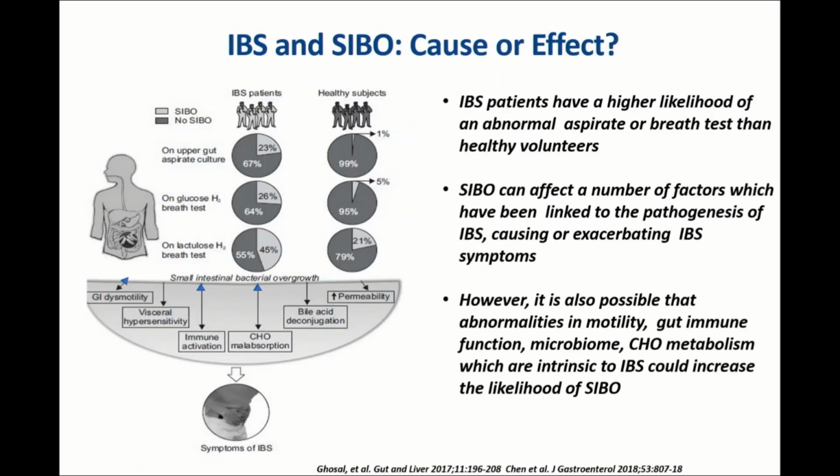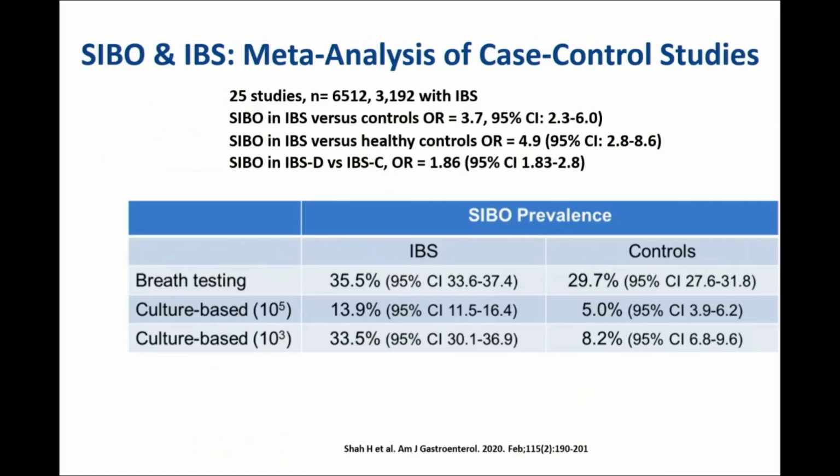So looking at IBS and SIBO with cause and effect, IBS patients have a higher likelihood of an abnormal aspirate or breath test than healthy volunteers. SIBO can affect a number of factors which have been linked to the pathogenesis of IBS, causing or exacerbating IBS symptoms. However, it's also possible that abnormalities in motility, gut immune function, and microbiome, all these issues, can increase the likelihood of development of SIBO in IBS patients.